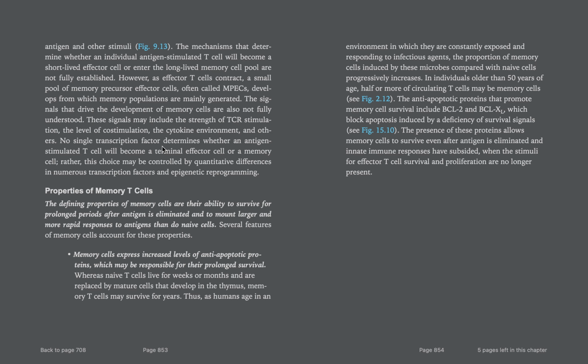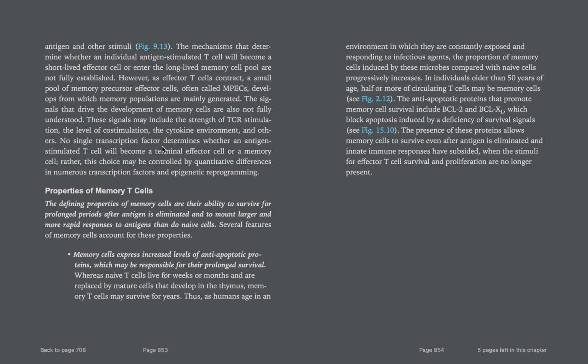Memory cells express increased levels of anti-apoptotic proteins, which may be responsible for their prolonged survival, whereas naive T cells live for weeks or months and are replaced by mature cells that develop in the thymus. Memory T cells may survive for years.